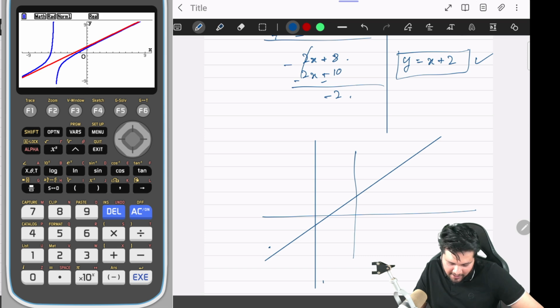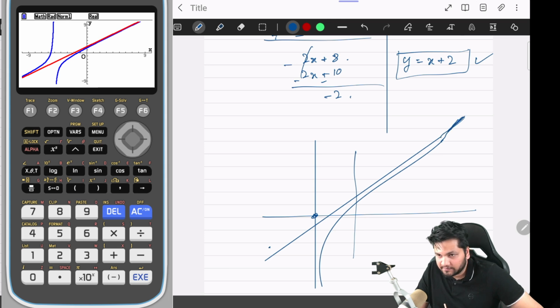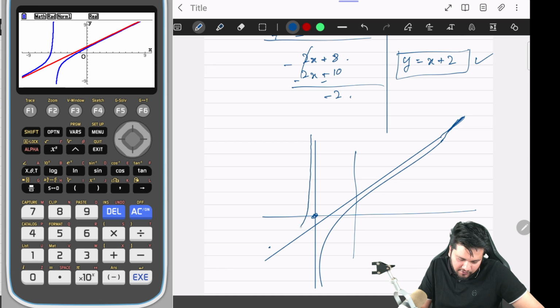As you can see, the graph has a vertical asymptote at x is equal to minus 5, where it will go towards infinity, no problem. But as the value of x goes towards infinity, it will just be this line x plus 2. So it will meet somewhere. Here also, this will be minus infinity, like a vertical asymptote here.